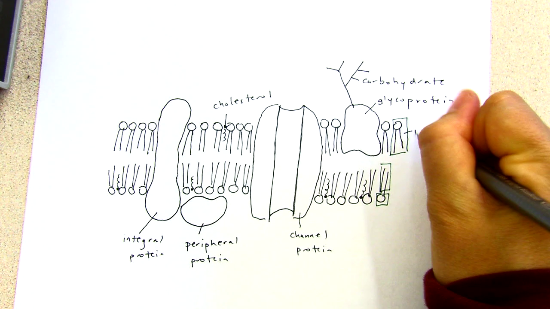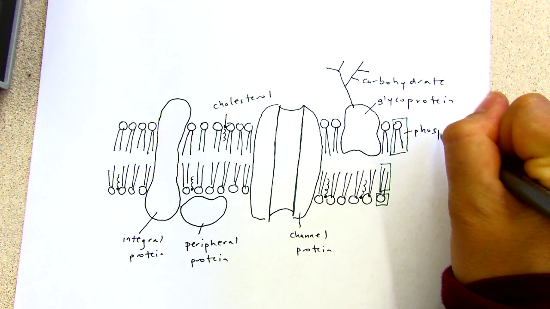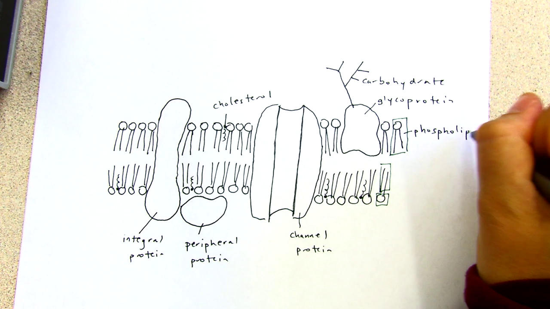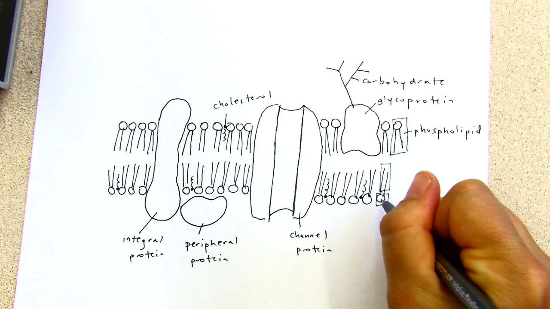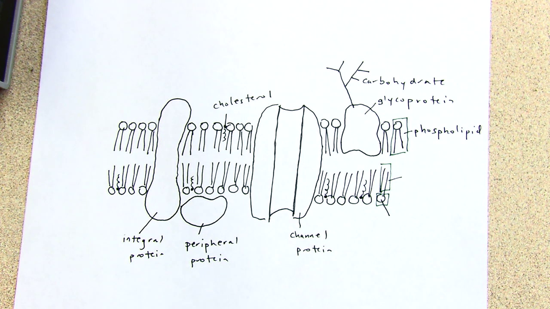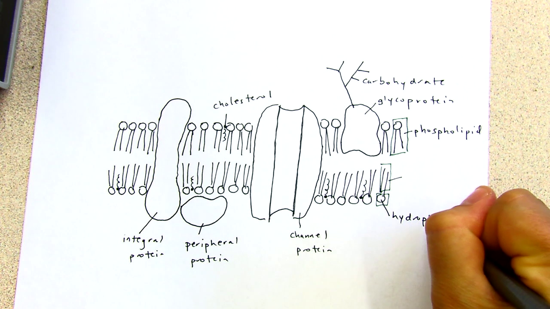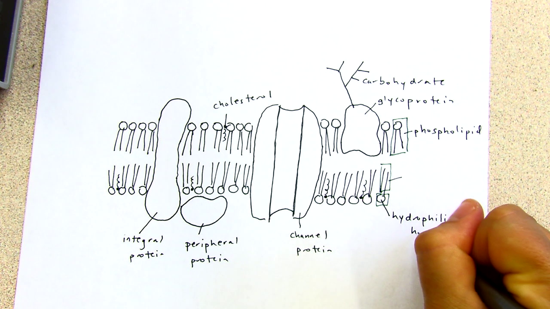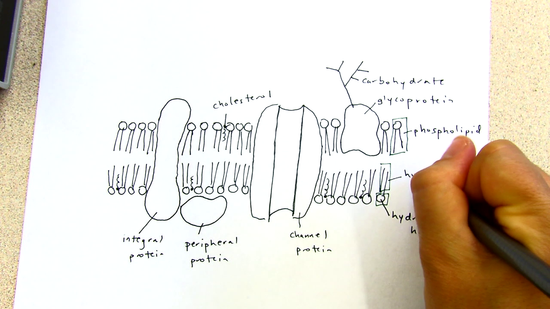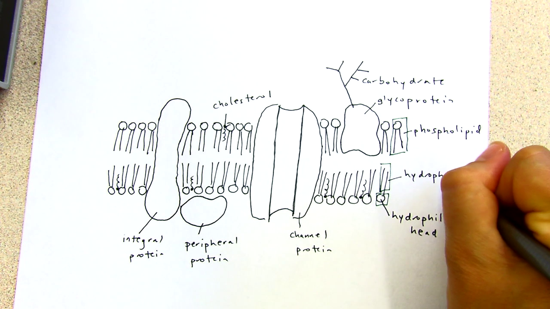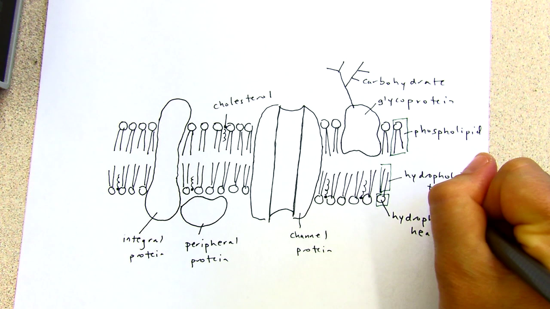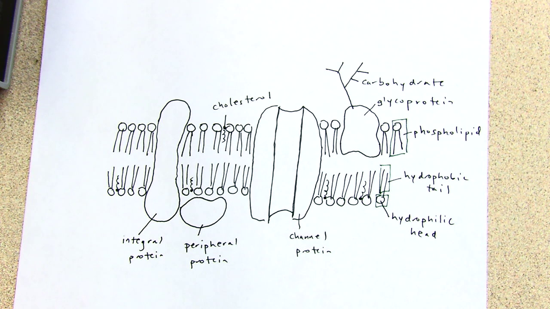So this entire thing is a phospholipid. And then we want to indicate that we know that there's two very important parts. We have a hydrophilic head, a hydrophobic tail. Hydrophilic head, hydrophobic tail.